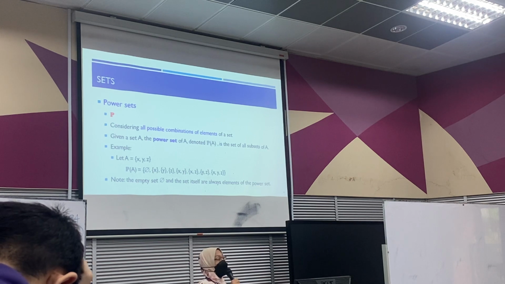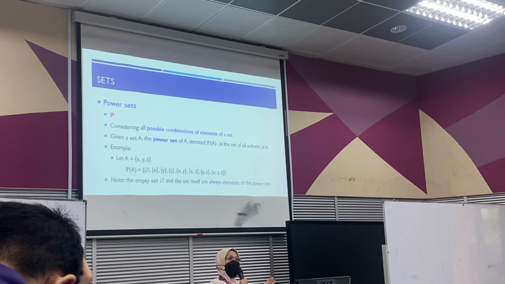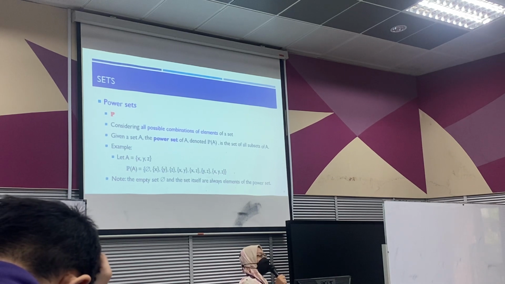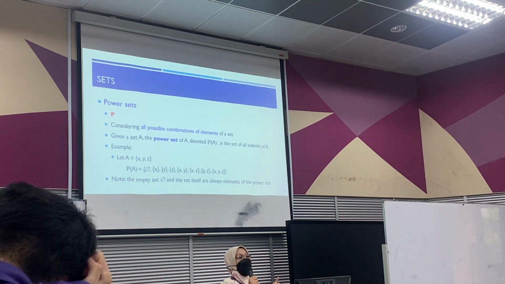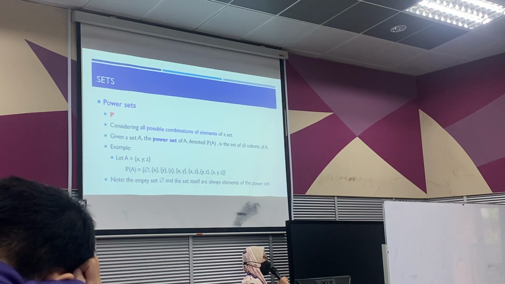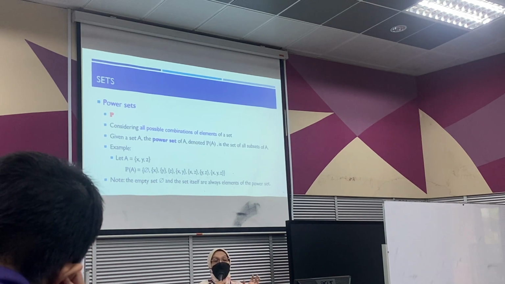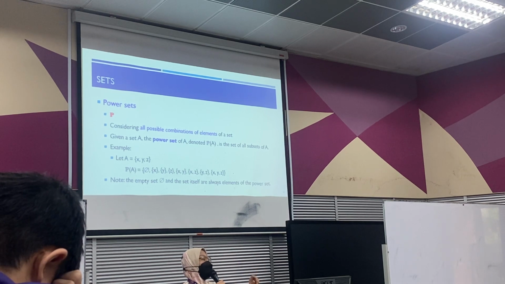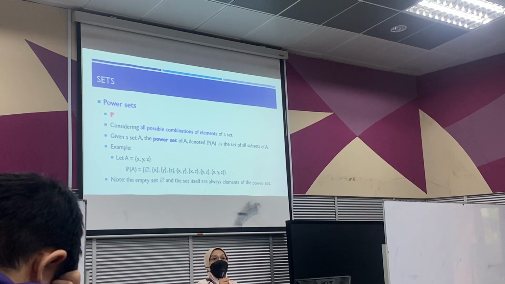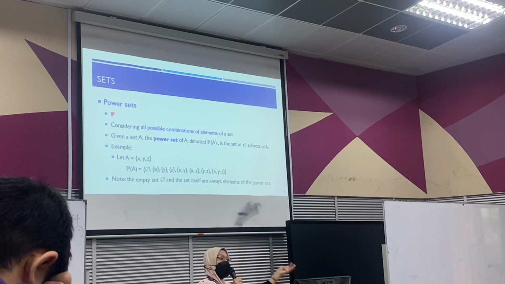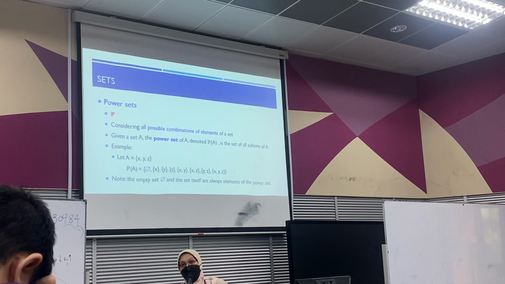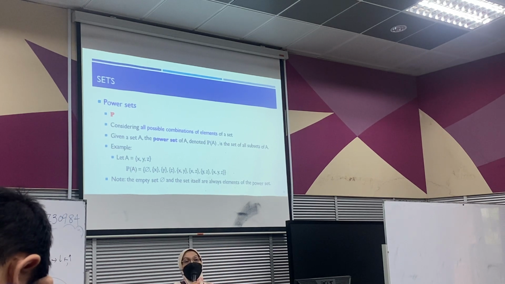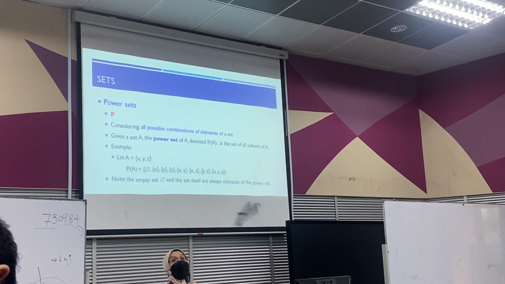So if you don't want to specify the number, the most popular symbol that you need to use in your Z schema later is the power set. Power set is used to represent, for example, a set of data inside your database, whether it is an empty set, one data only, or more than that. But you don't need to specify how many.